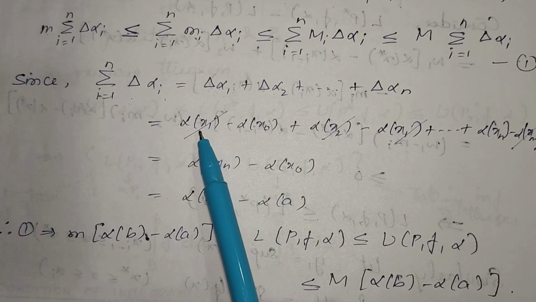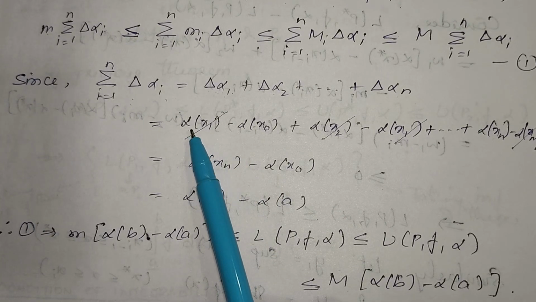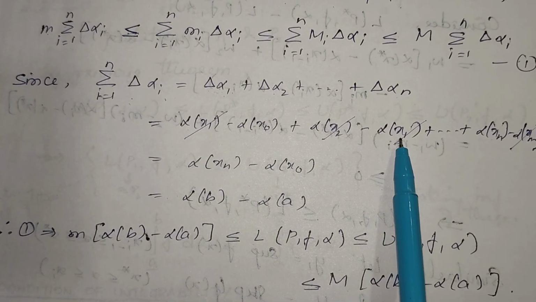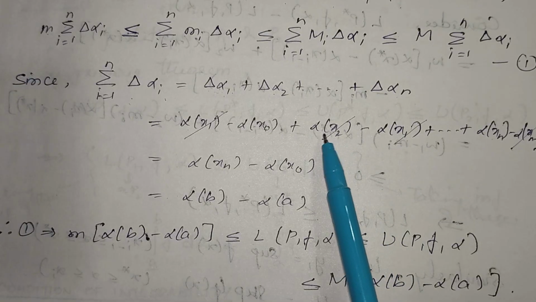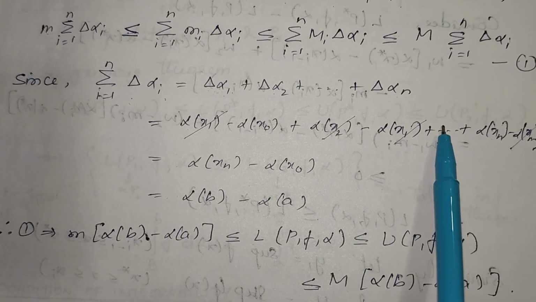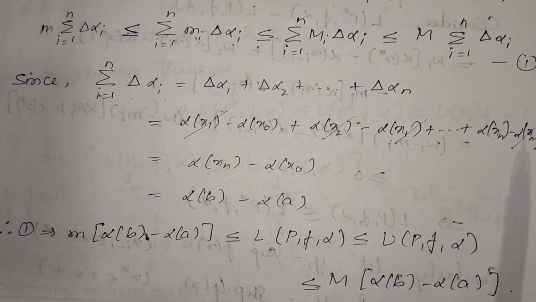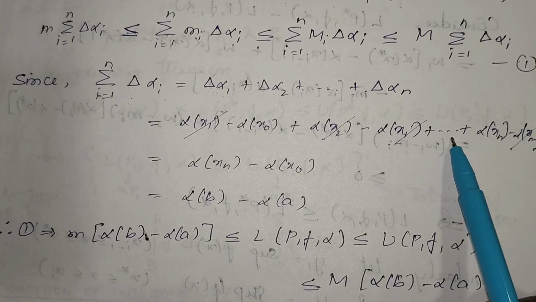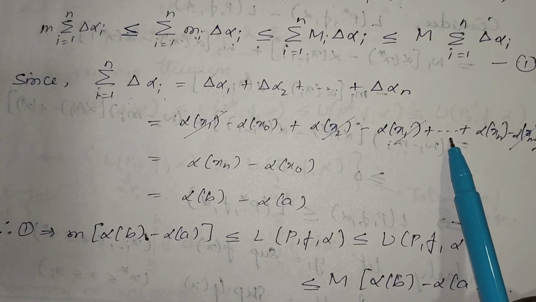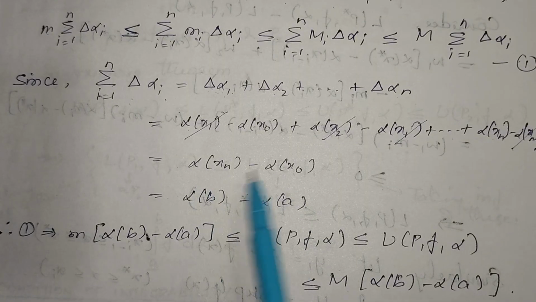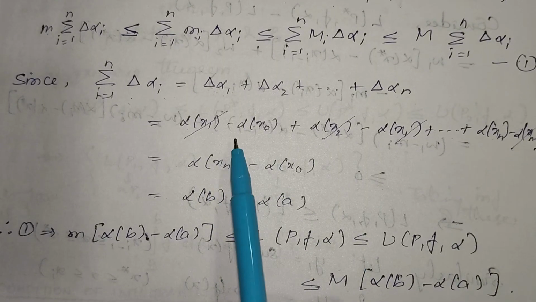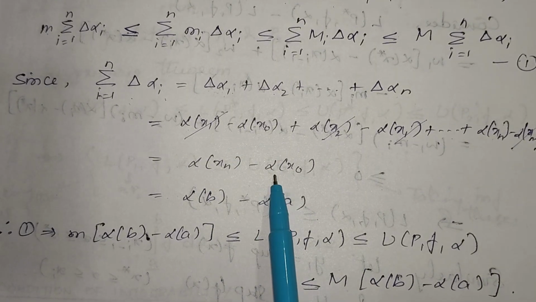And here, this alpha x1 will get cancelled with this minus alpha x1. And similarly, alpha x2 will get cancelled with the next term, alpha x3 minus alpha x2. And similarly, this alpha xn minus alpha xn minus 1 will also get cancelled with the previous term. So finally, you will be left with alpha xn, this one, and minus alpha x0, this term.